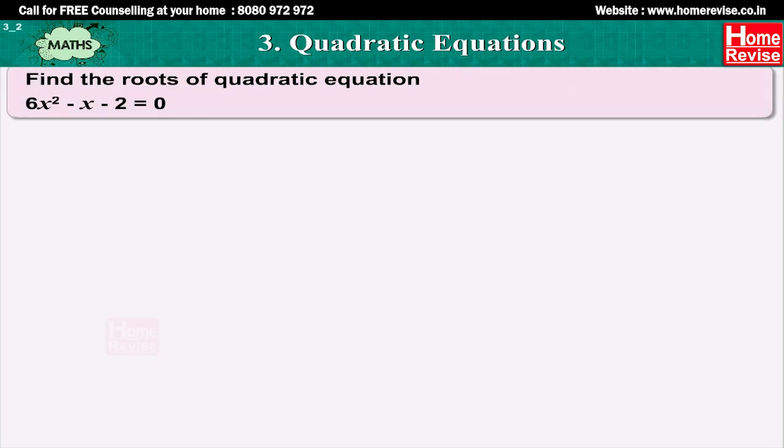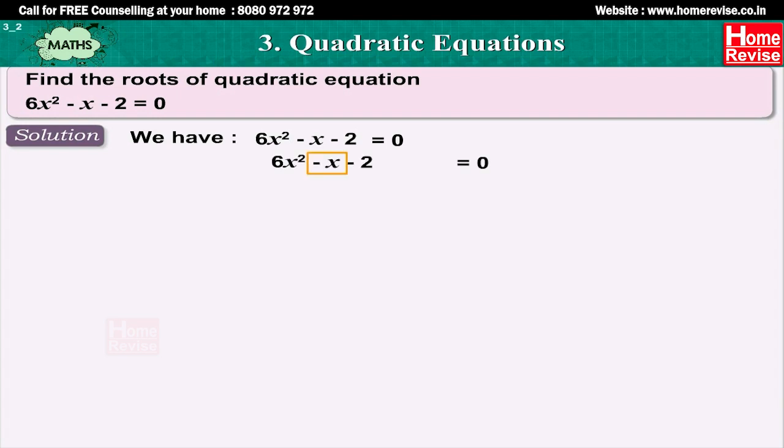Let us see how. For example, find the roots of quadratic equation 6x squared minus x minus 2 is equal to 0. Solution. We have 6x squared minus x minus 2 is equal to 0.